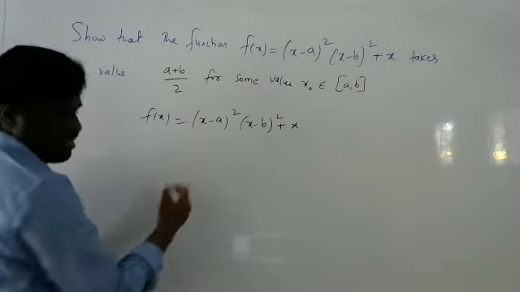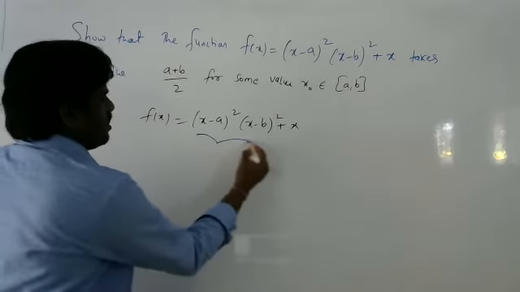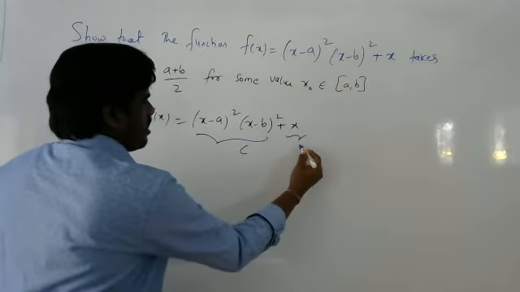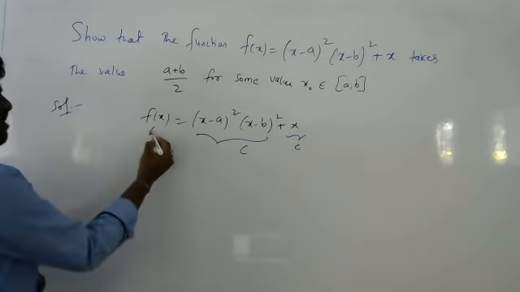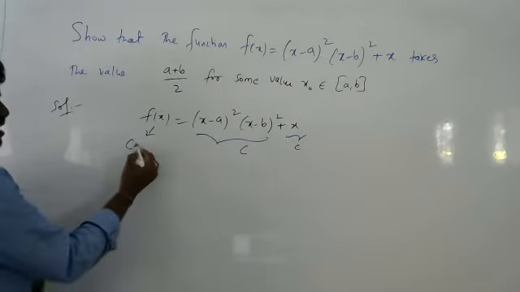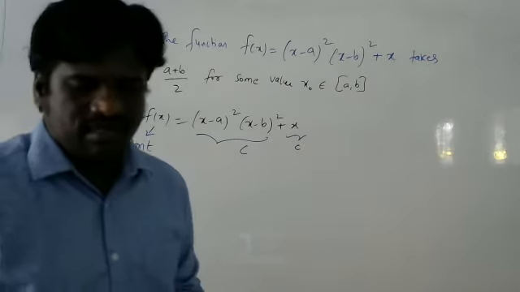So this is continuous, and this is also continuous. Continuous plus continuous is continuous. So f of x is a continuous function.